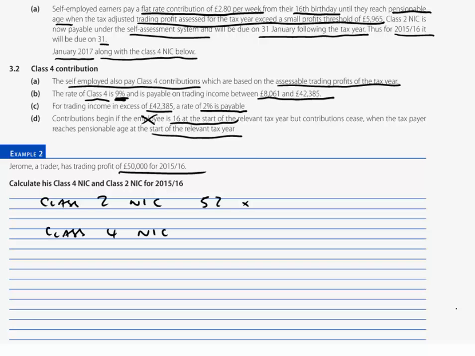So the calculations shouldn't be too tricky. Assuming that the taxpayer has been self-employed throughout and traded throughout that tax year, 52 weeks at £2.80. Work out what that is if you haven't already done it. The Class 4 NIC is again split into two calculations. As we have a trading income of 50,000, that's above the upper limit of 42,385. So 42,385 minus the lower limit of 8,060 times 9%, and that will be the main part of your Class 4 NI.